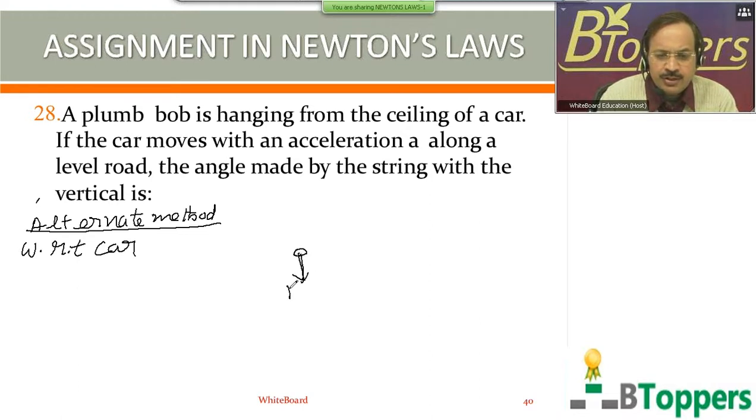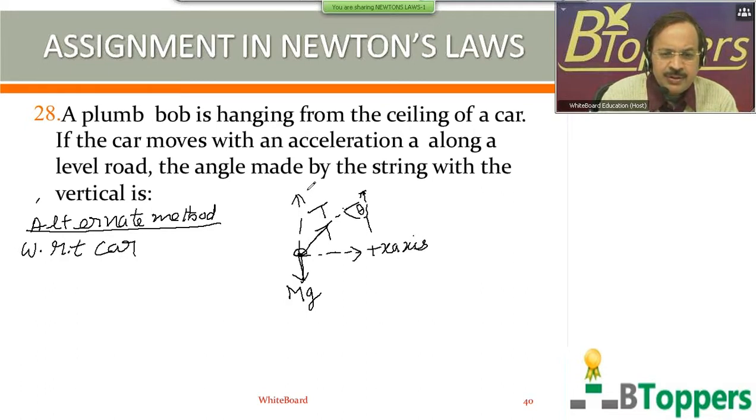Of course, the two real forces which act on the bob are weight mg and tension in the string. Again, let theta denote the angle made by the string with the vertical. Choose the horizontal direction, that is the direction of the motion of the car, as x-axis. Vertical direction is y-axis.